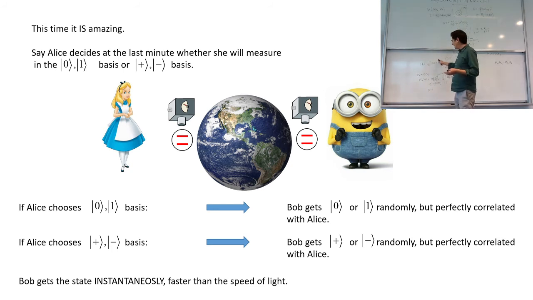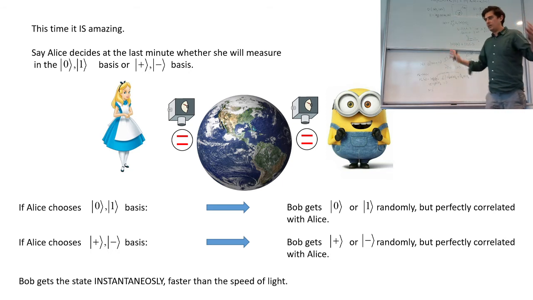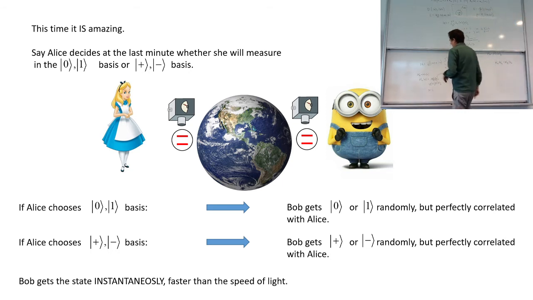This state is entangled, and it's correlated in any basis that you choose: plus, minus, 0, 1. You can choose any basis and it still has this property. And if you do a measurement, then it apparently sends that information instantaneously.